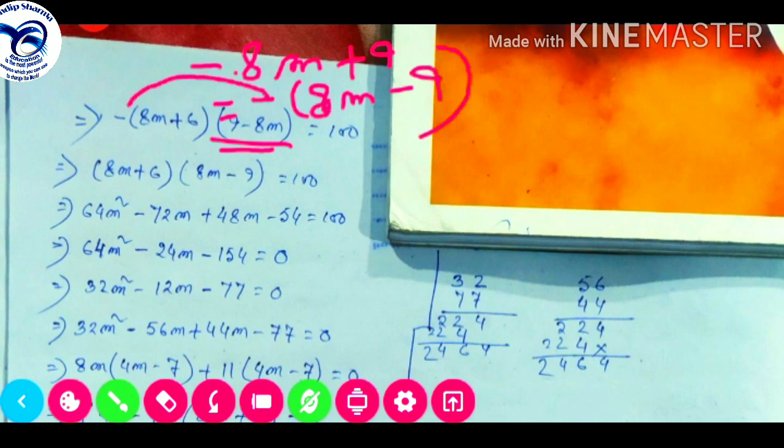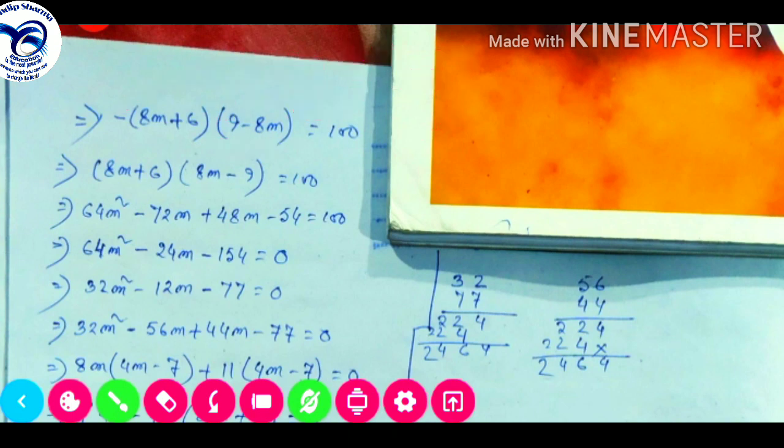Now this minus and this minus will be positive. So it will be 8m plus 6 into 8m minus 9 is equal to 100. Now multiplying this one, we get 64m square, then minus 72m plus 48m minus 54 is equal to 100. Now 64m square minus 72m plus 48m, these two are like terms.